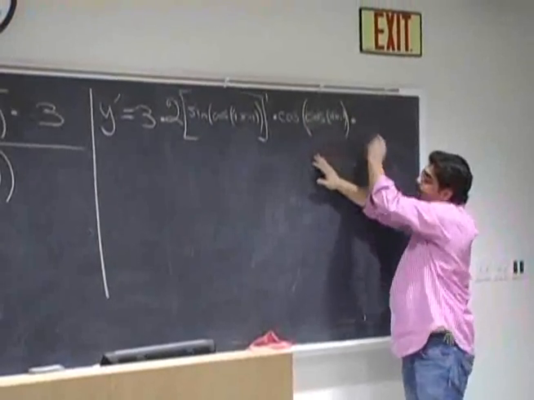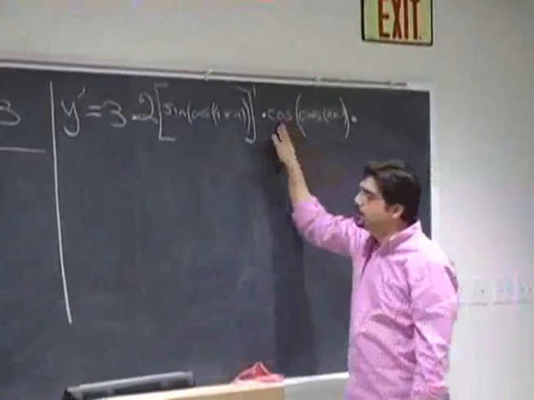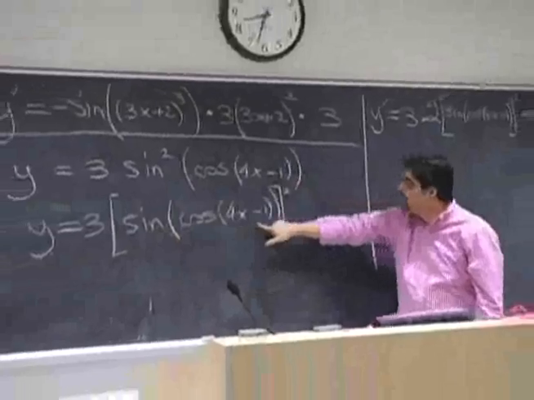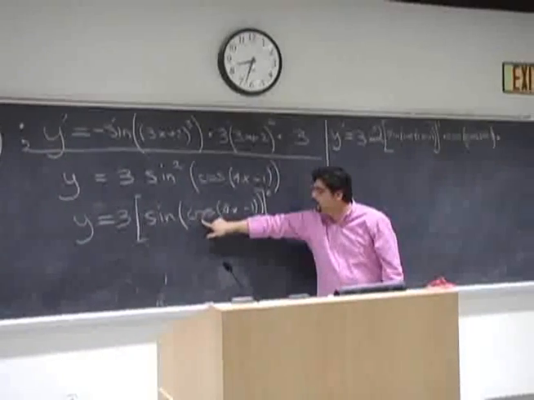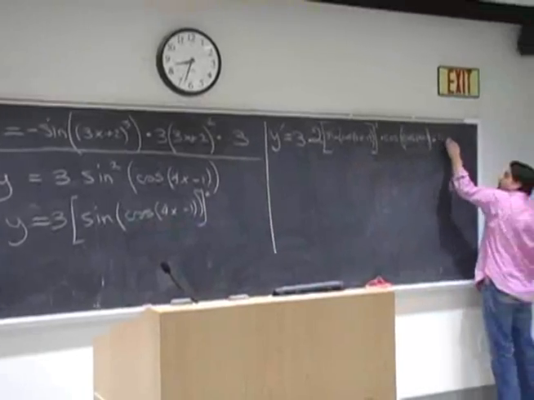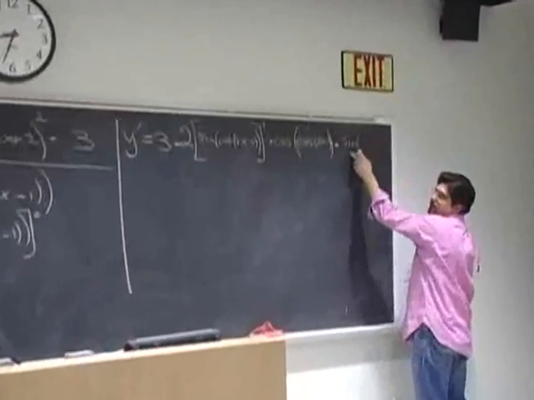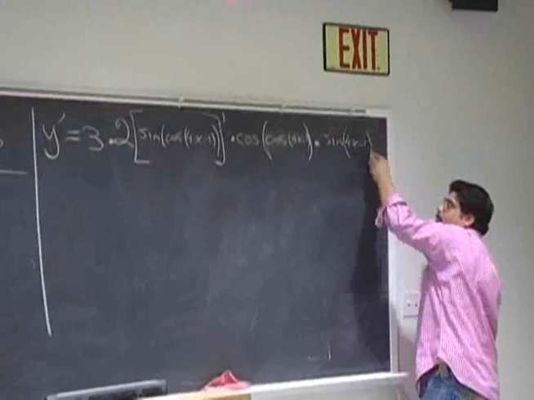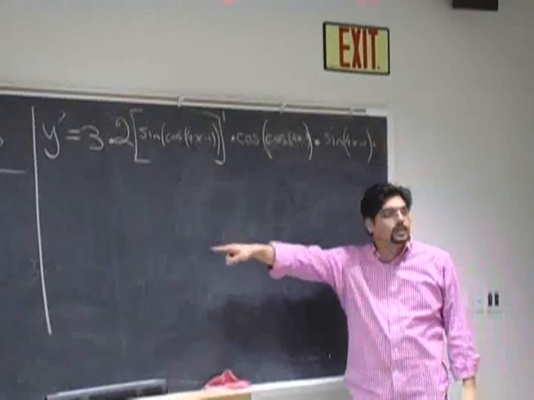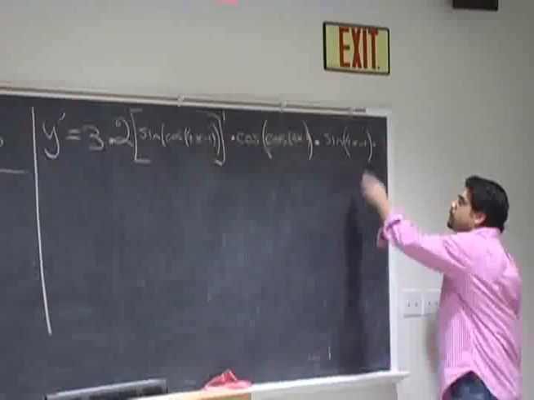Times, okay, so what was this? This was the derivative of sine, right? Yes. So now times the derivative of whatever's in that. Derivative of cosine is negative sine, keeping whatever's inside that the same. Times the derivative of whatever's inside that, which is 4.